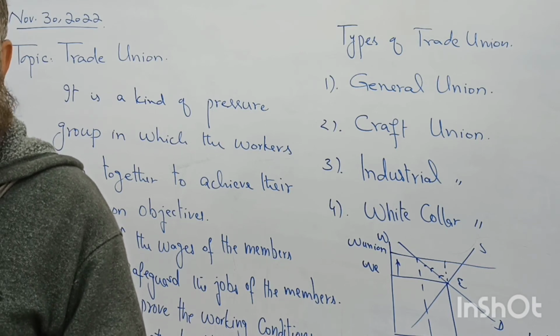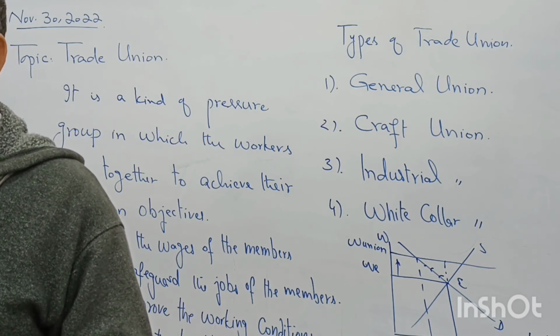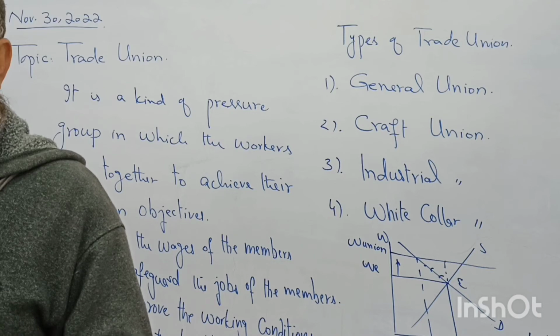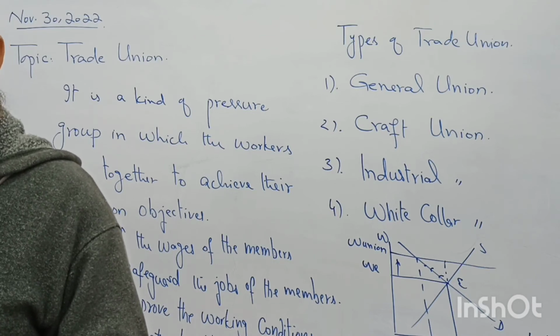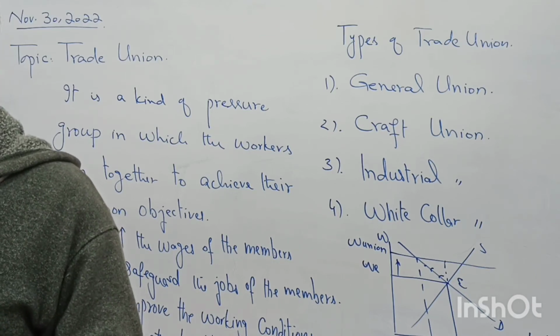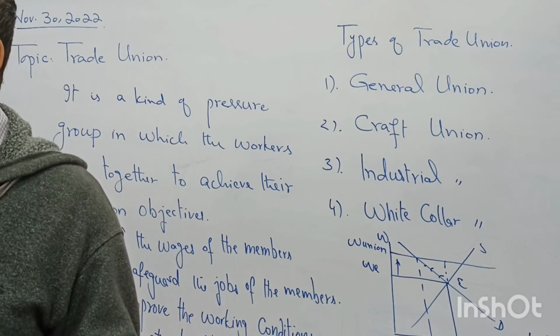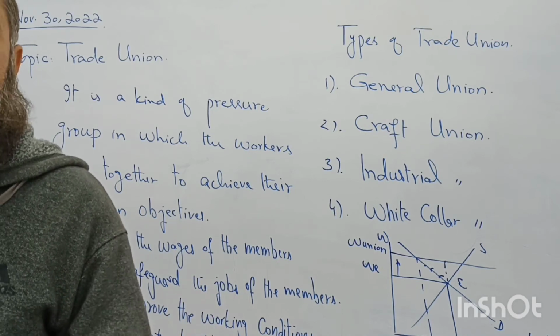What is the productivity deal? Now the employer is asking the workers, instead of working 7 or 8 hours a day, if you increase the working time as well, he is ready to increase the wages.